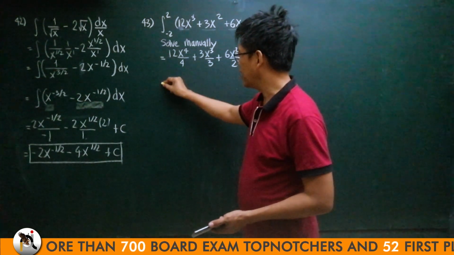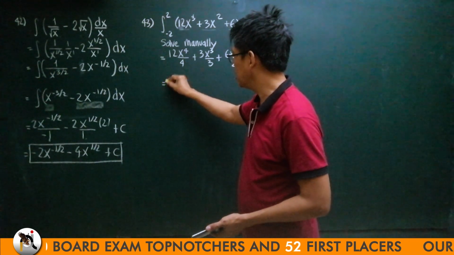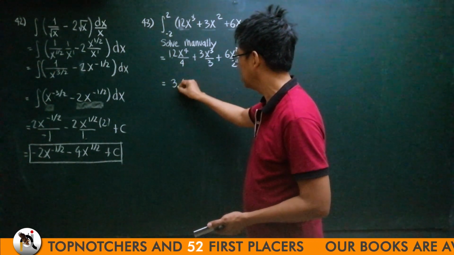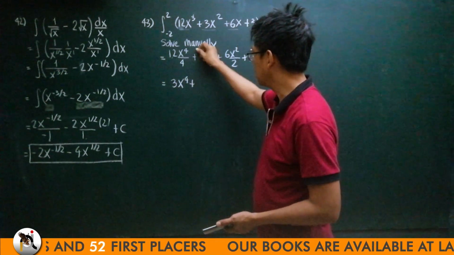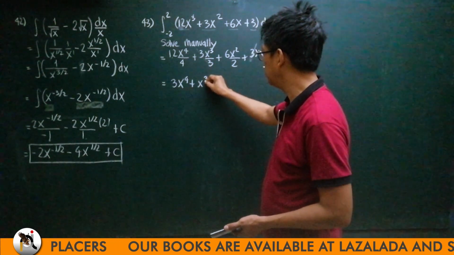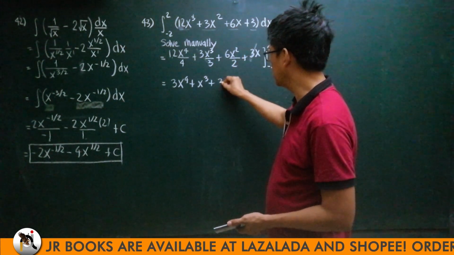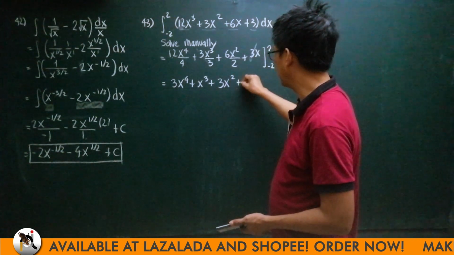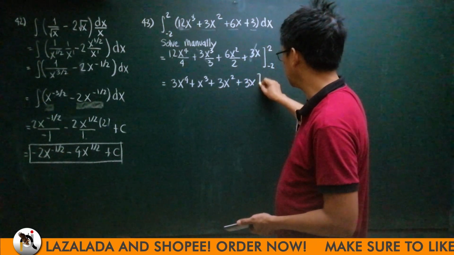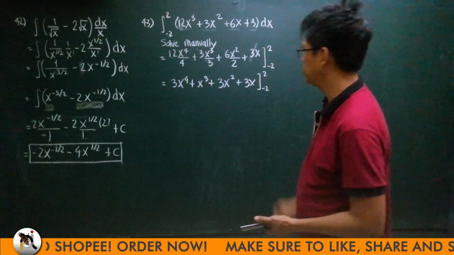So we first simplify this. This is going to be 12 over 4, 3x to the 4th, 3 over 3, this is x cubed, 6 over 2, 3x squared plus 3x. This is from minus 2 to 2.